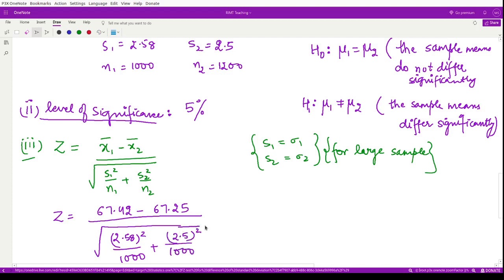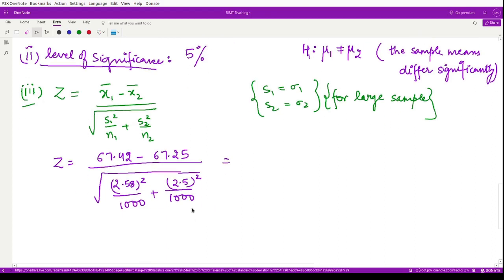You may use a calculator in order to solve this, right? Once you solve this, the value that you have is 1.56. You may check. So this is the value of Z calculated.